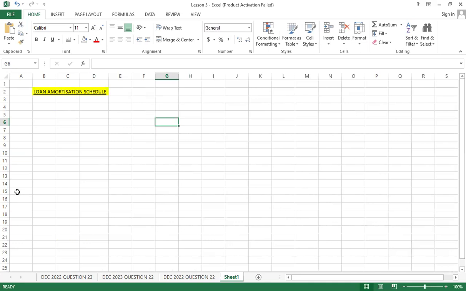I want to believe that most of us have taken loans from banks. And when you make the decision to take up a loan, there are a number of things that you require that you be advised on. Such a discussion is what we want to have under the loan amortization schedule.